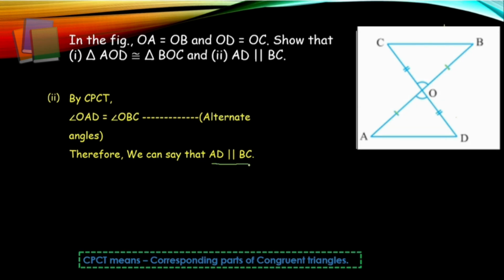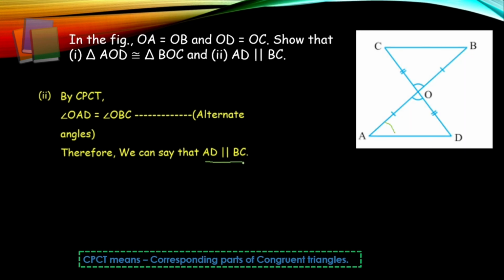Here CPCT means corresponding parts of congruent triangles. This means that if two triangles are proved to be congruent, all their sides and angles would be equal. For example, we have this angle OAD which is equal to OBC, and angle BCO is equal to ADO, right?